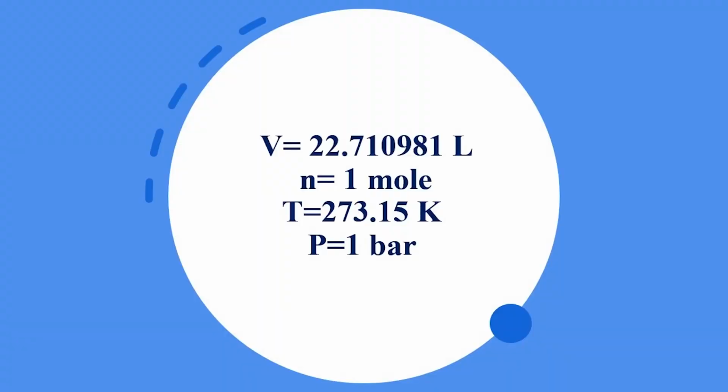But we all know that the volume of 1 mole of an ideal gas under standard temperature and pressure conditions is 22.7 liters. What is the condition of standard temperature and pressure? Yes, it is 273.15 Kelvin and 1 bar pressure.